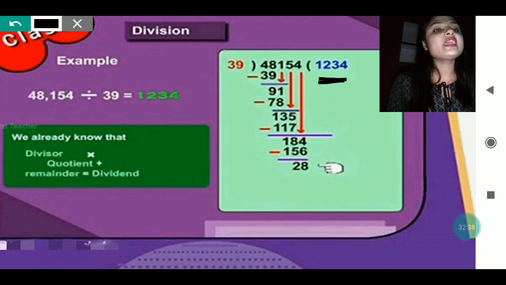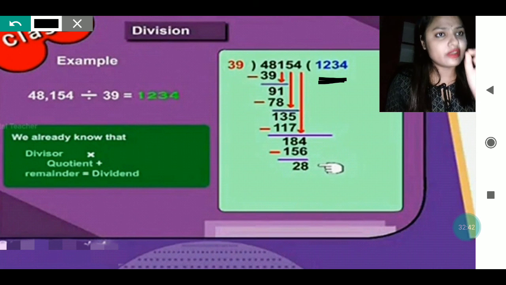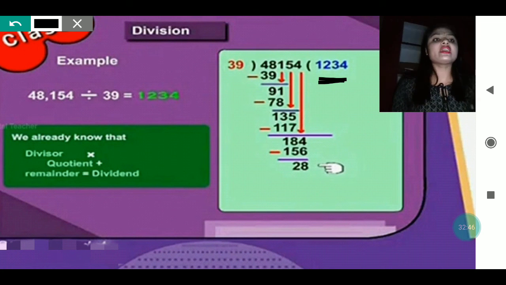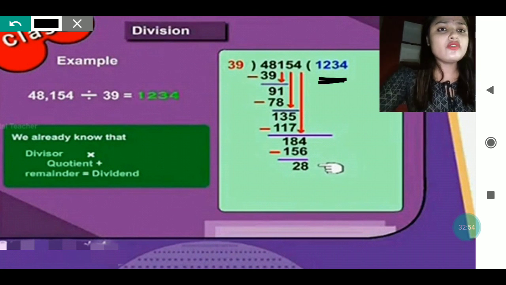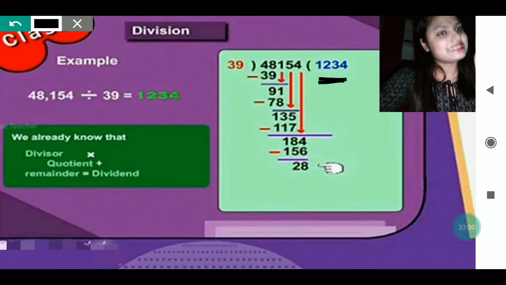Now when you read the table of 39 three times, you will get 117.